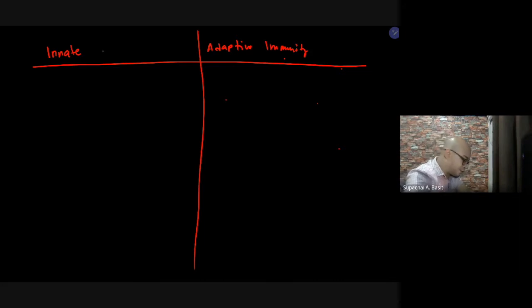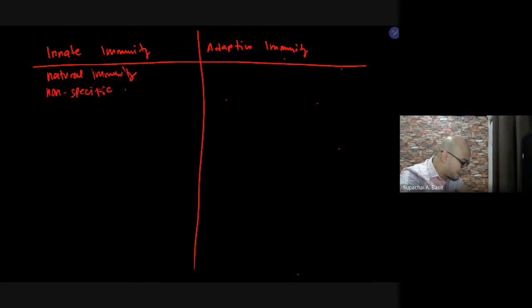Okay, so when we say innate immunity, we are referring to natural immunity, meaning to say it is naturally occurring. And since it is naturally occurring, the effect of the innate immunity is geared toward non-specific pathogens.